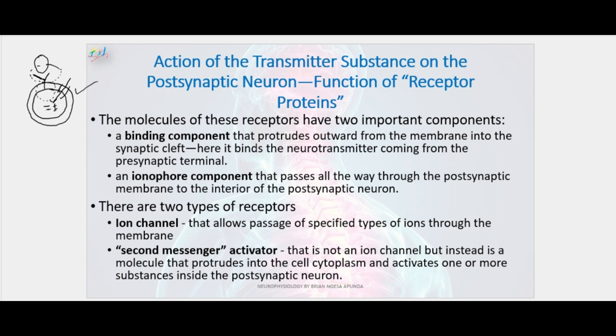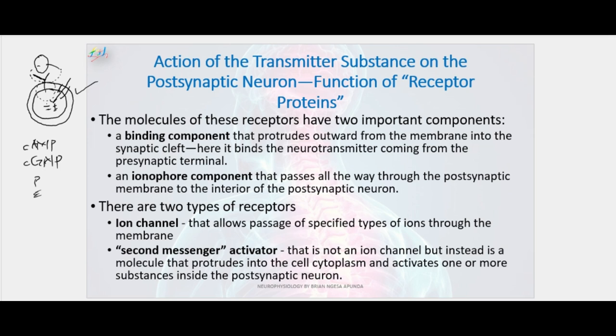We have the second messenger receptor, as the word suggests, that when the receptor is activated by associating with the neurotransmitter, it will activate the second messenger system. One of them that we know is cyclic adenosine monophosphate, the cAMP, or the cGMP, the cyclic guanosine monophosphate, and many others with the phosphate group, which are other types of second messenger.